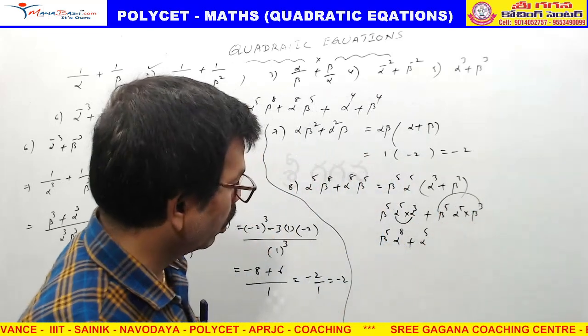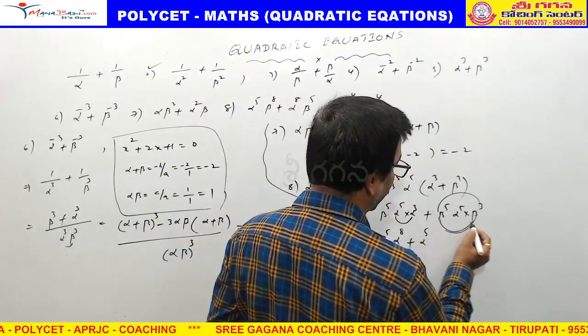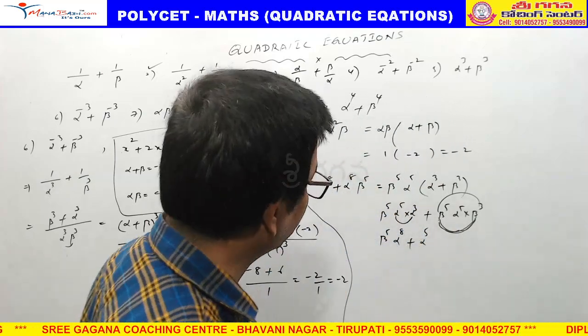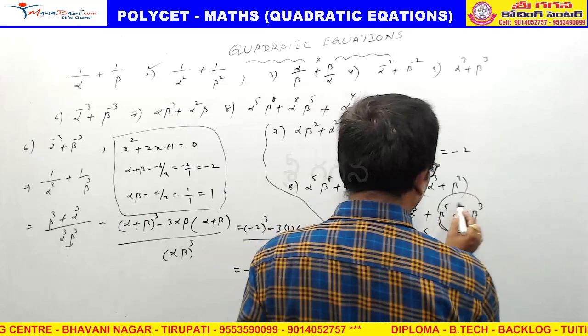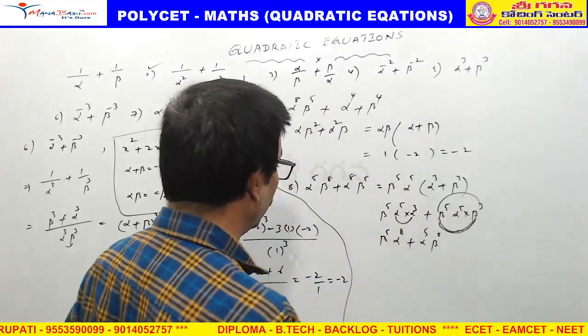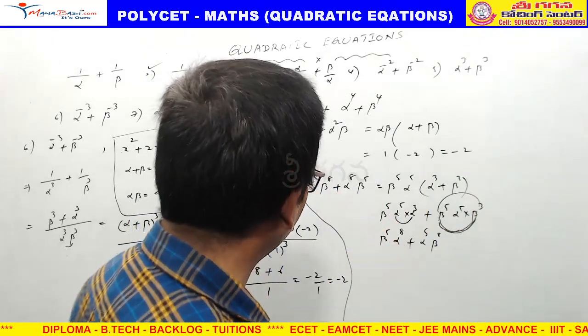Alpha power 5. Now here also the bases are both the same only. Here beta. Then what is the condition? Always if the bases are equal, powers will always be added. So 5 plus 3, then what you get is beta power 8. You can check it. Same will come, so interchangeable. Plus means no problem, that doesn't matter.